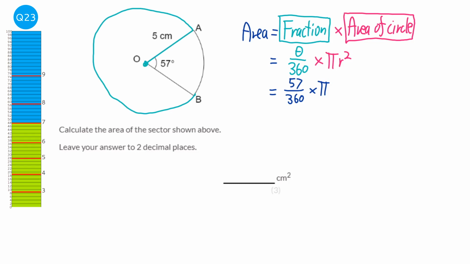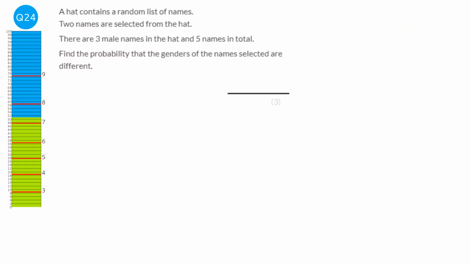So that is a radius. So it's going to be times 5 squared. Put that into your calculator and you'll get 12.435 blah blah blah. And it says it wants it to 2 decimal places, so we round that to 12.44 centimeters squared.